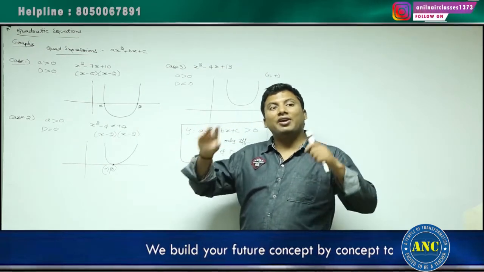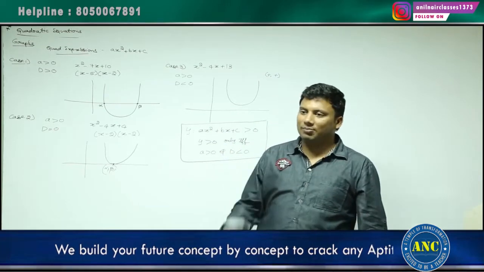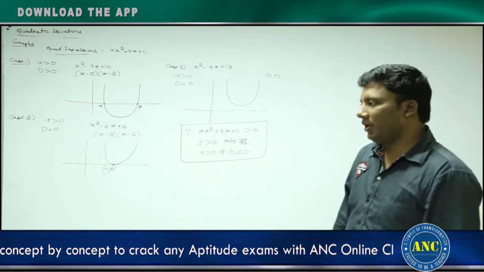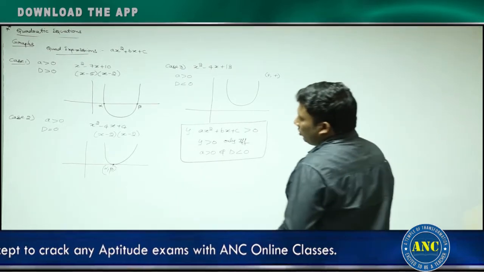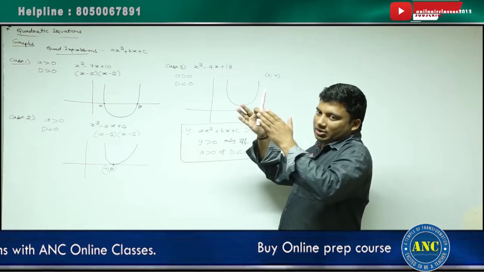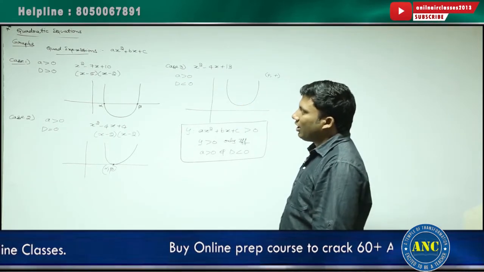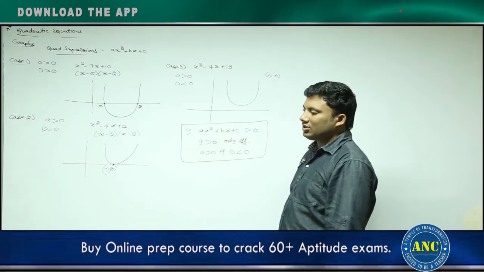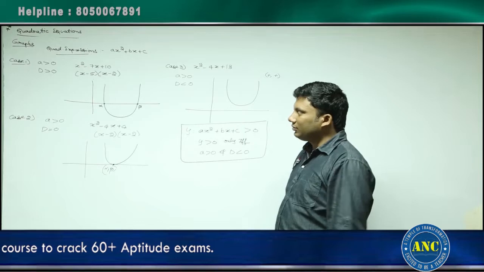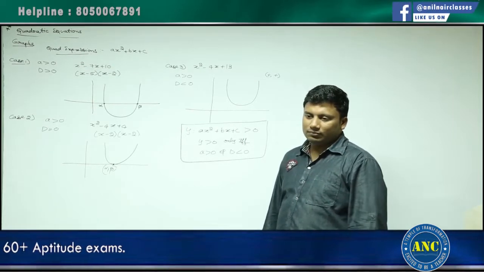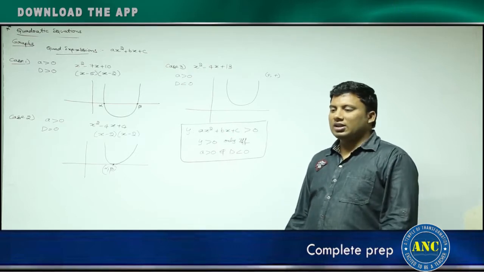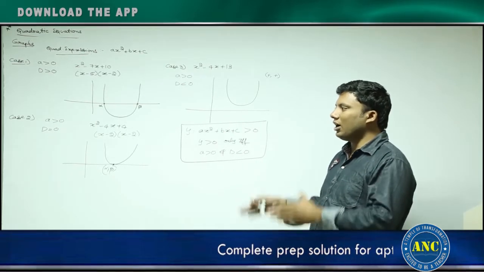The graph will have an infinite maximum value. Please write down that point. First point: A greater than 0 means the graph is going upwards.